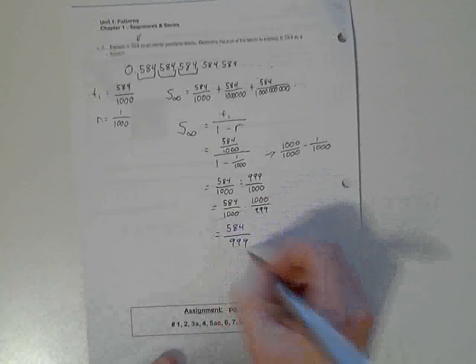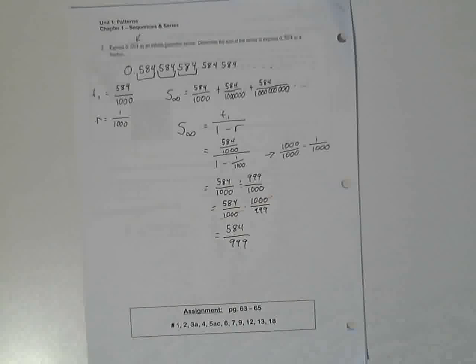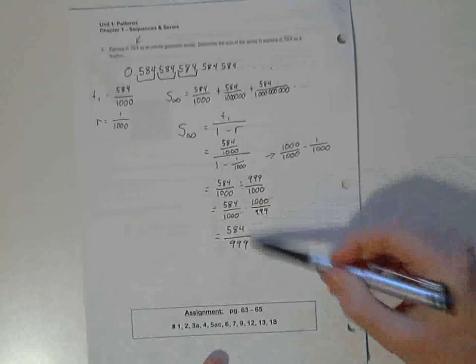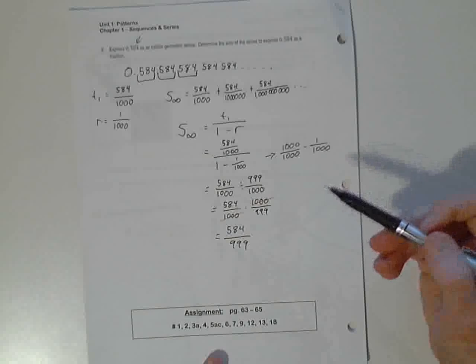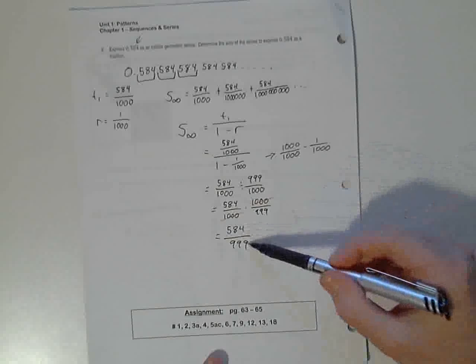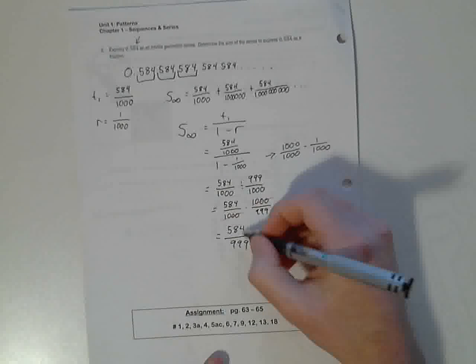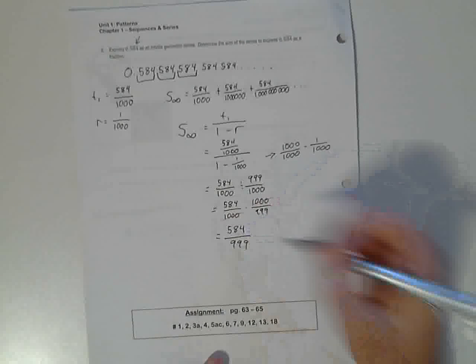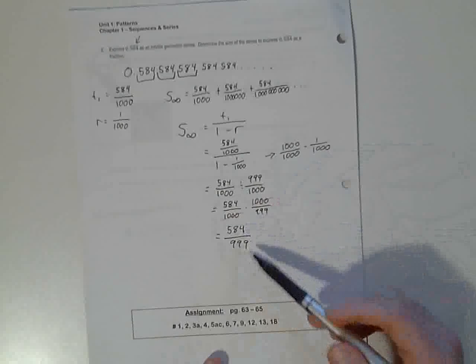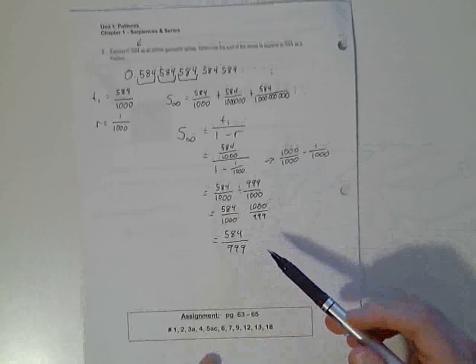Of course, we're doing fractions, so we need to see if this reduces. Are they both even? No. Do they both divide by 3? Certainly looks like they could. This one definitely divides by 3. I tested it, and this one actually does not. So none of our even numbers will divide them, and none of our powers of 3 will divide them.